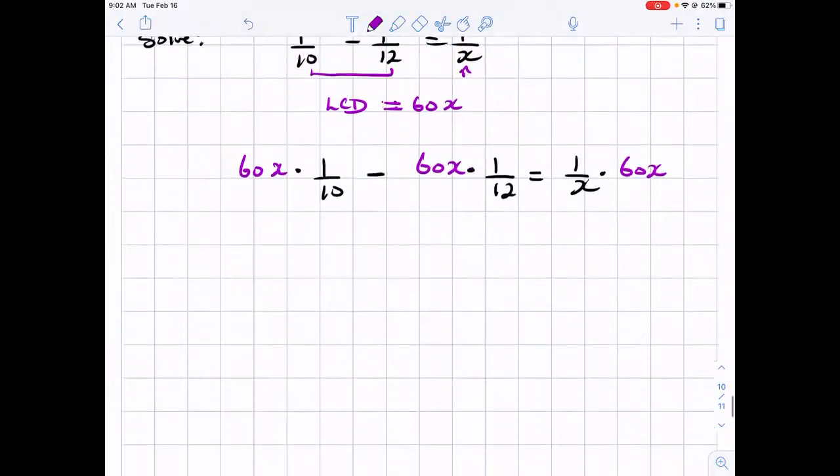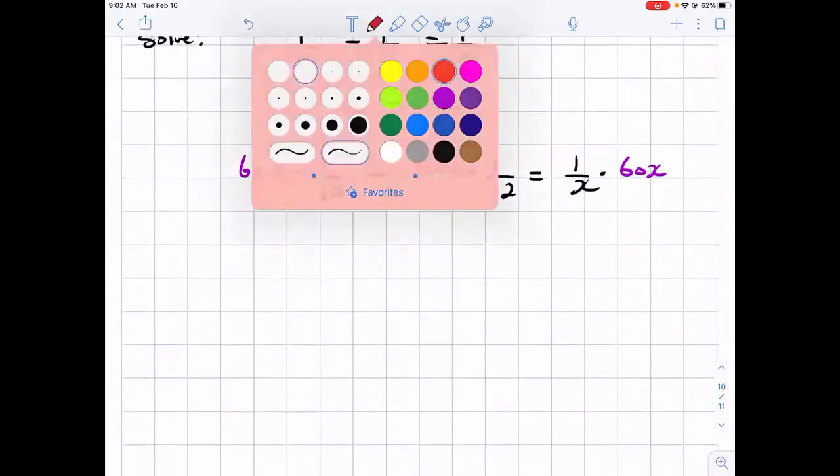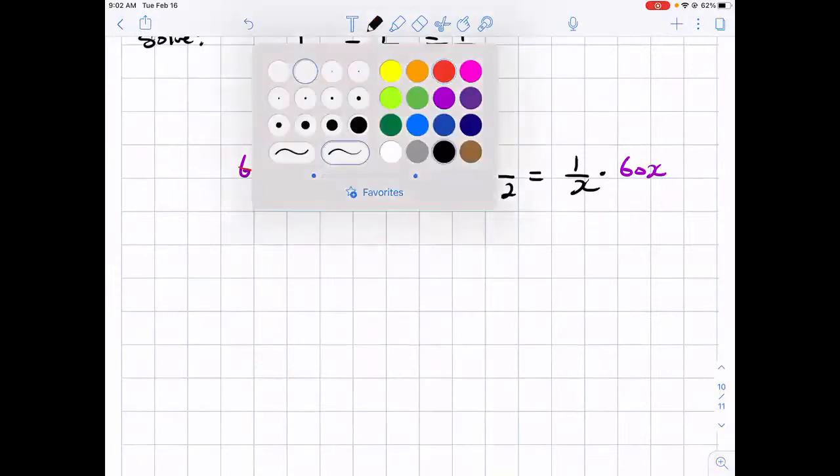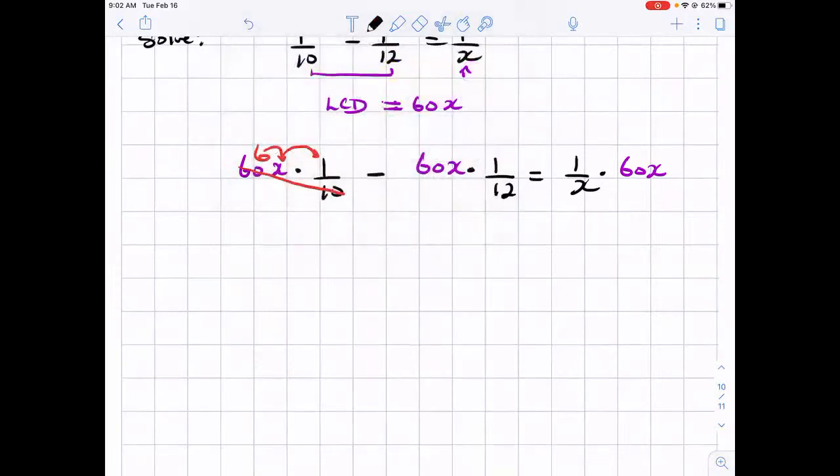As usual, the denominators will cancel. So the 60 divided by 10 is 6. So 6 times x times 1 becomes 6x. As usual, the 12 and the 60 would cancel to be a 5.